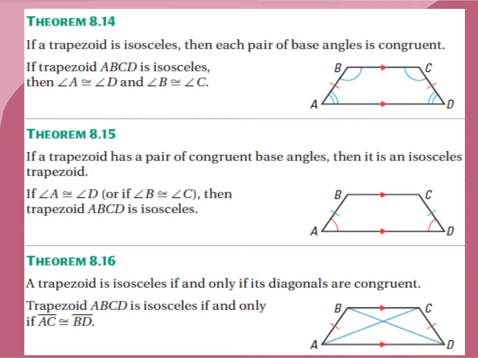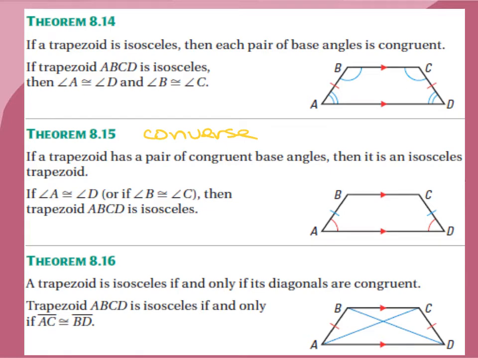Theorem 8-15 is the converse of 8-14. They flip the if and the then. So now it's saying if a trapezoid has a pair of congruent base angles, then it's an isosceles trapezoid. This might be a theorem you would use in a proof if they ask you to prove, is the trapezoid isosceles?